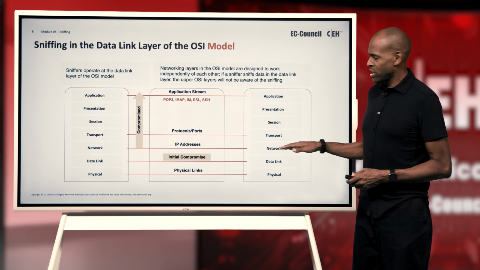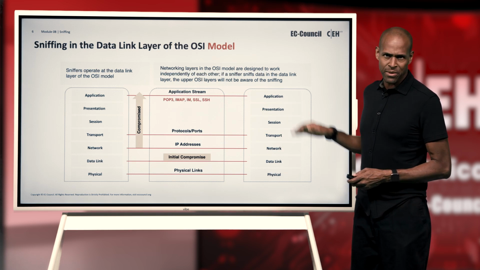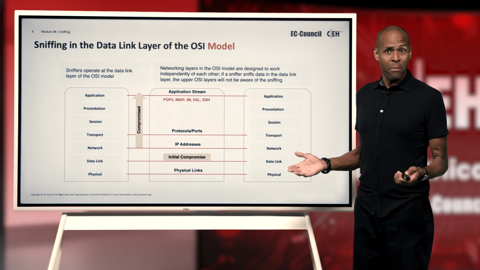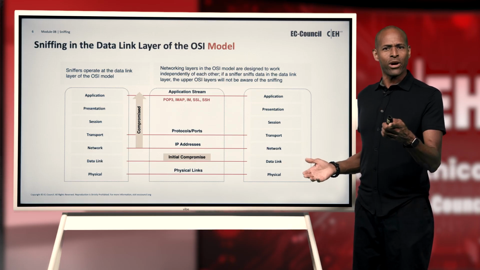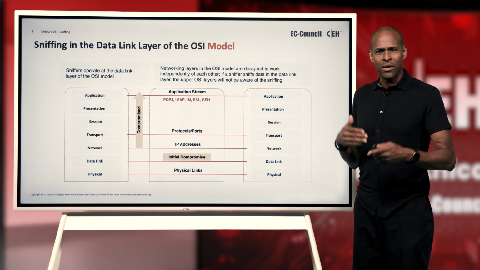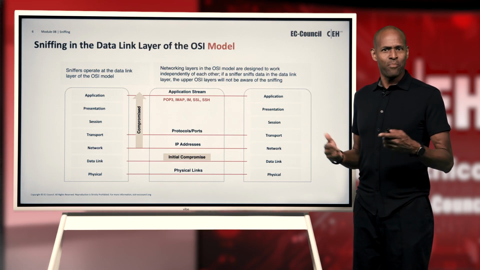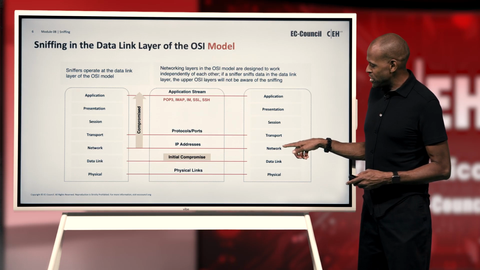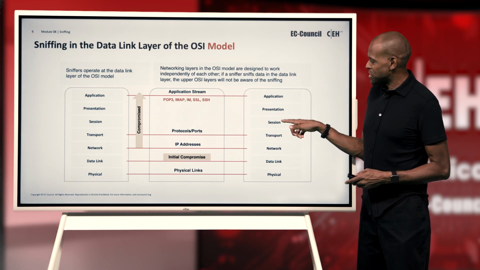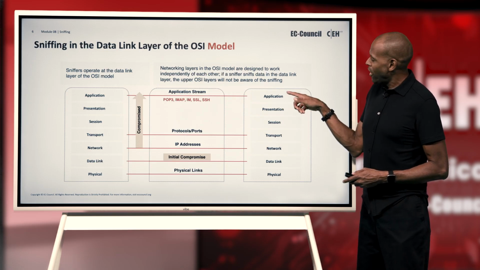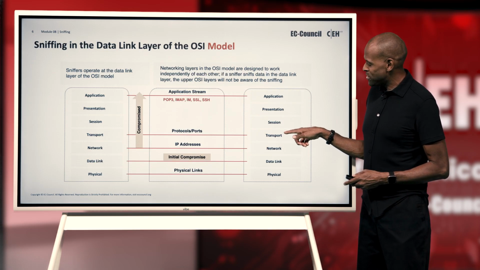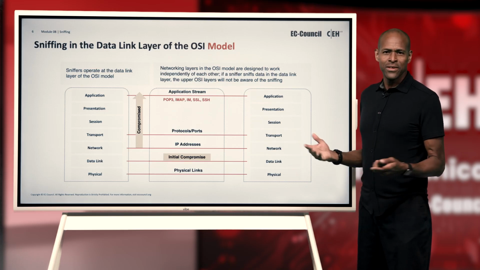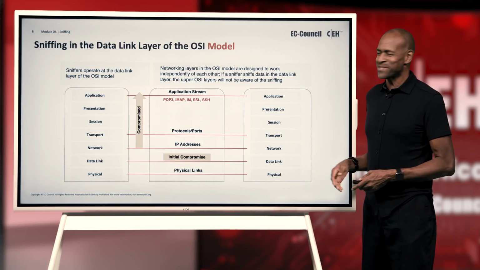Layer 3 is the network layer, then transport, session, presentation, application. If you want to memorize it, I bet you have it memorized, don't you? Do you remember the mnemonic for memorizing the OSI model? Let's see. Please do not throw sausage pizza away, or all people seem to need data processing. I like the all people seem to need data processing better.